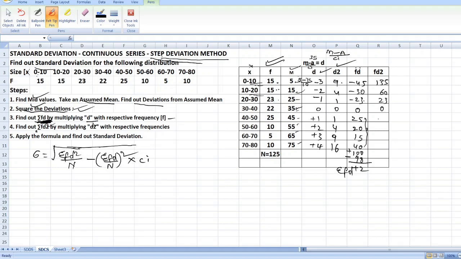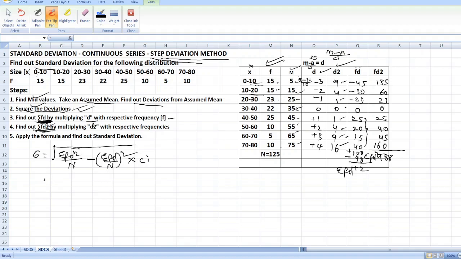Next 25 into 1 is 25, 10 into 4 is 40, 5 into 9 is 45, and 10 into 16 is 160. When you total all these values, you will get 488. You denote this as summation fd square.